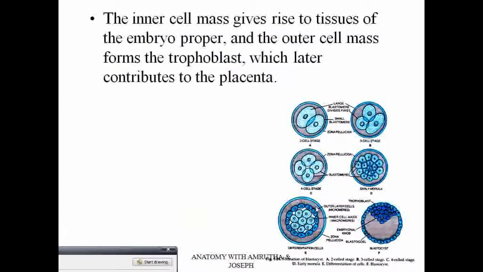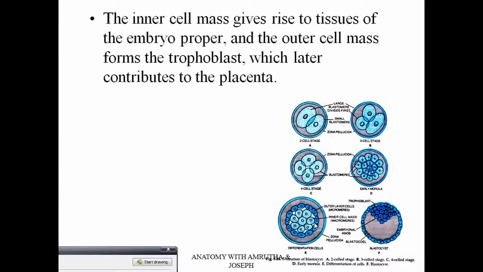The inner cell mass gives rise to tissues of the embryo proper, whereas the outer cell mass forms the trophoblast, which later contributes to the formation of placenta.